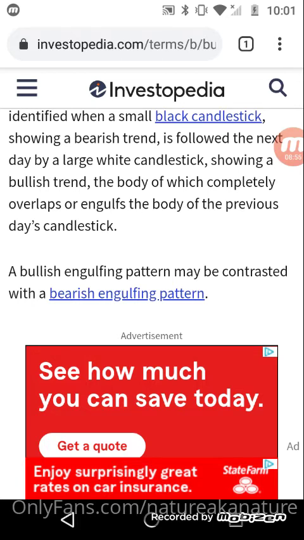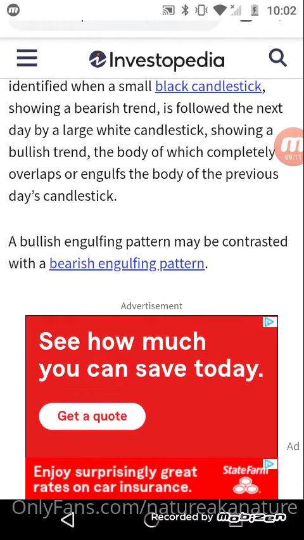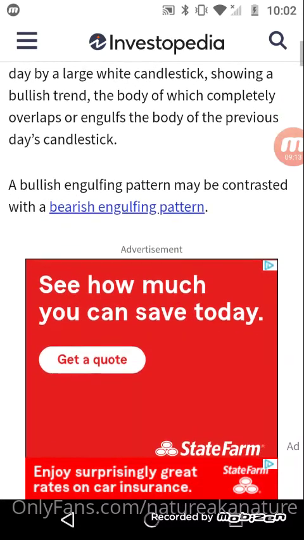So I just wanted y'all to know that in a little more depth, in case you're a little confused. I hope that helped. A bullish engulfing pattern may be contrasted with a bearish engulfing pattern. We're also going to talk about bearish, which means it's going down.